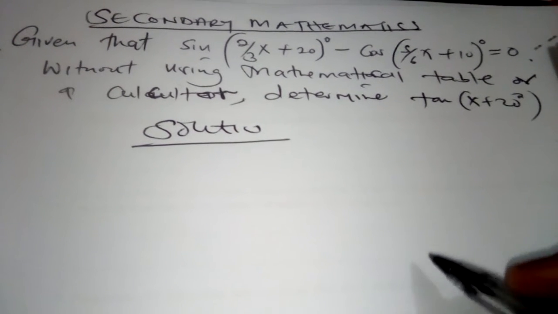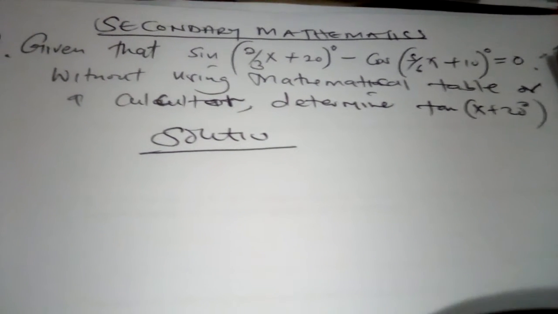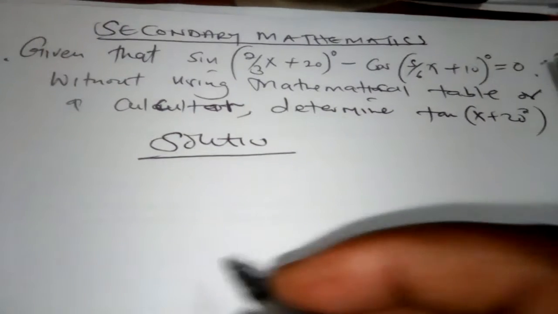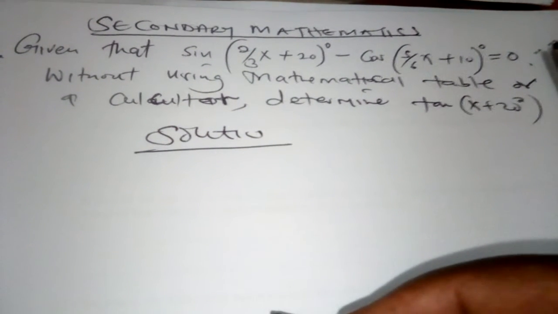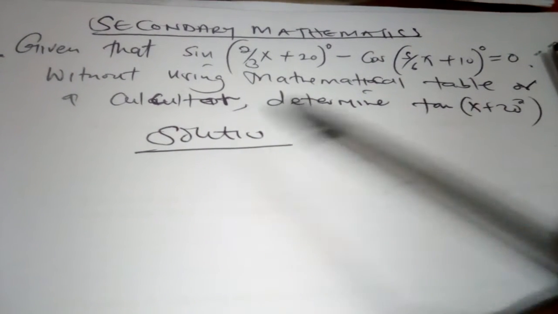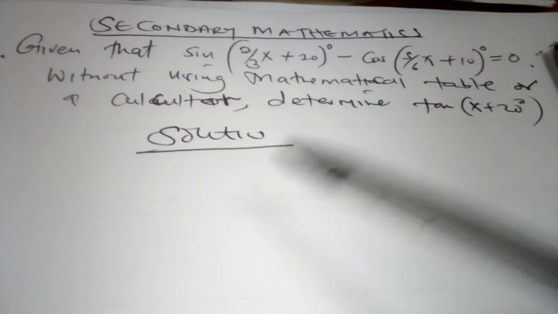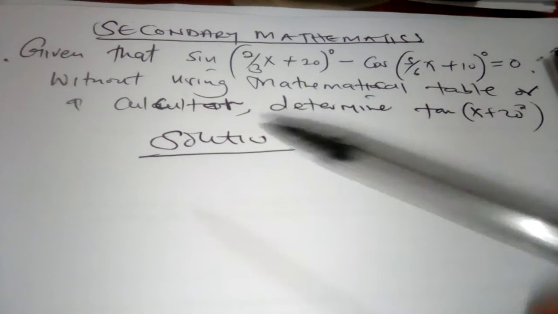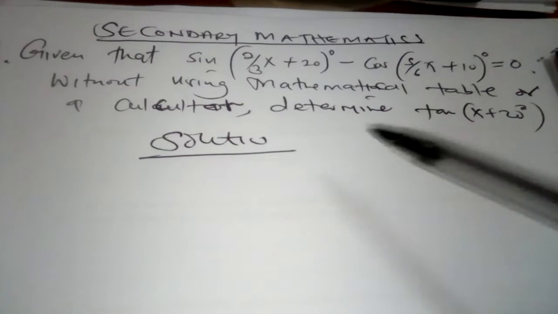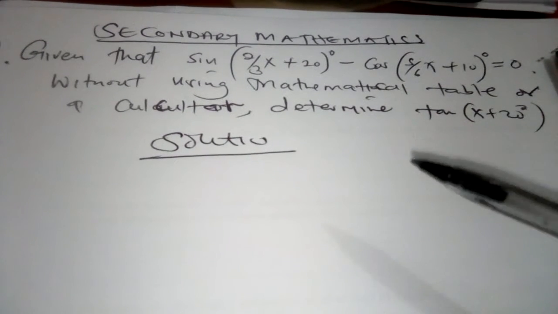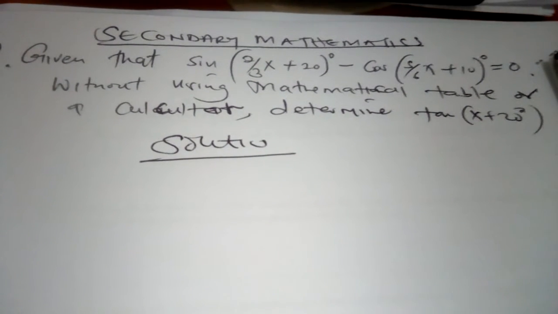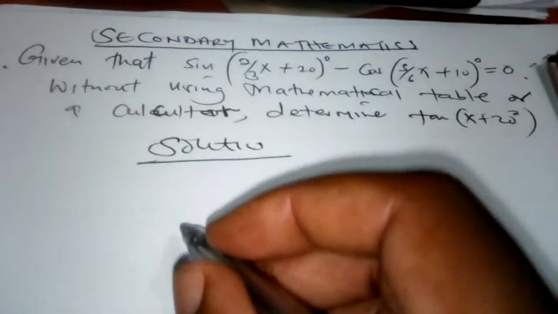Okay, so I want to give you prerequisite information regarding trigonometric identities, so that when we embark on this problem, you're going to see how the same knowledge is applied.